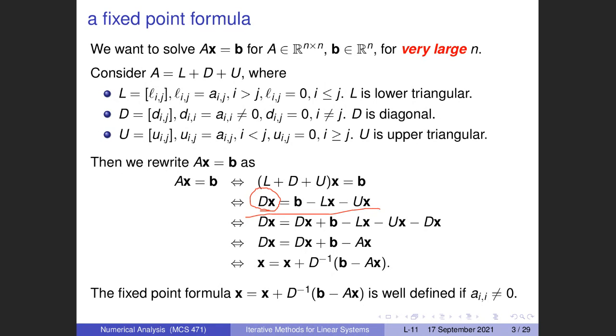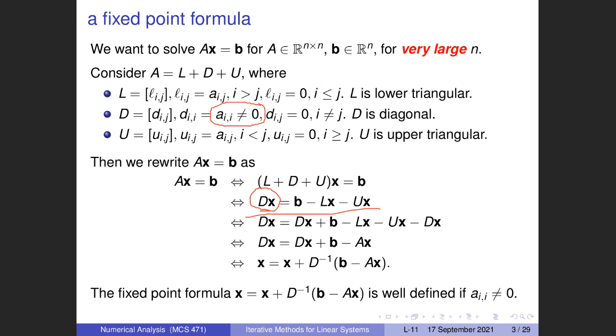So solving a triangular system is fast, but actually solving a diagonal system is even faster. And here I should have pointed out right away that because we are isolating the diagonal part and we're going to solve a diagonal system, the elements on the diagonal better not be zero. So the methods will work, but they will work with some conditions.